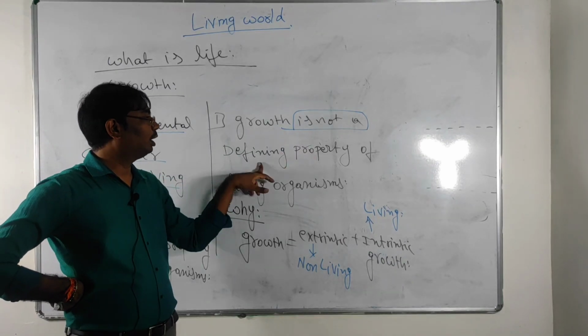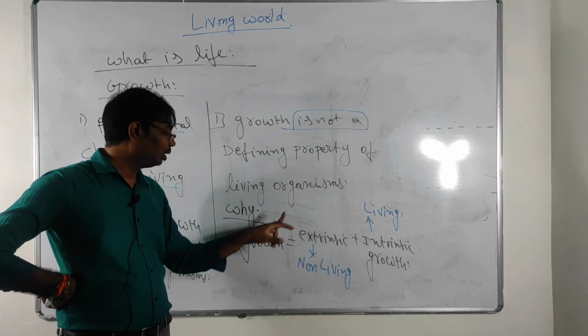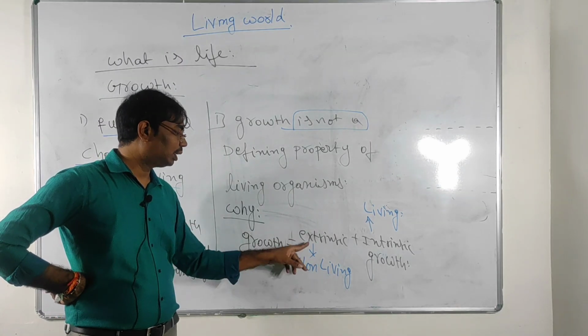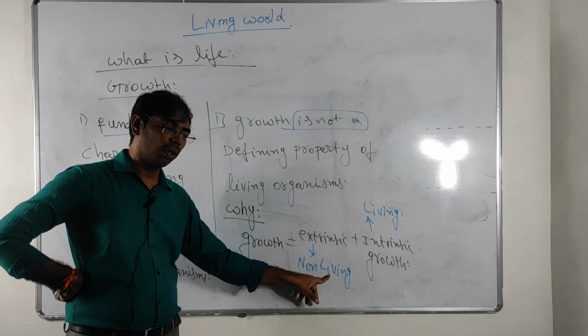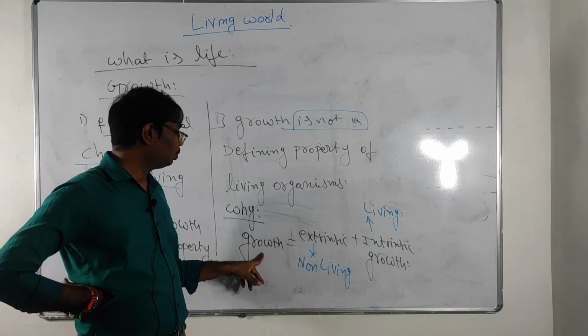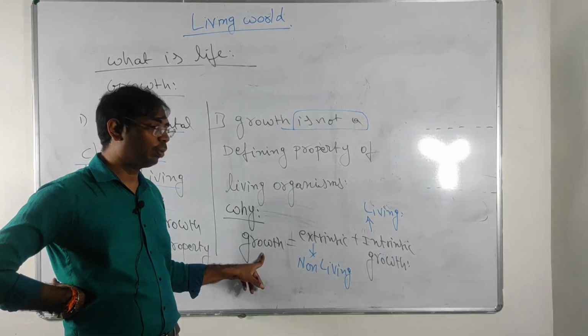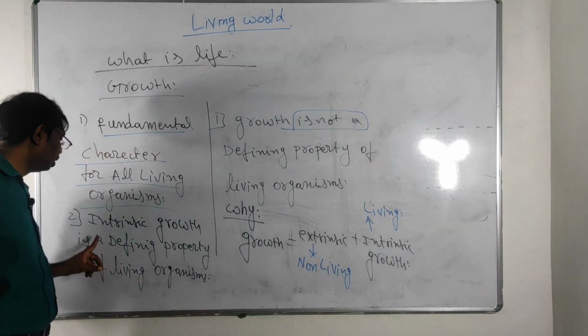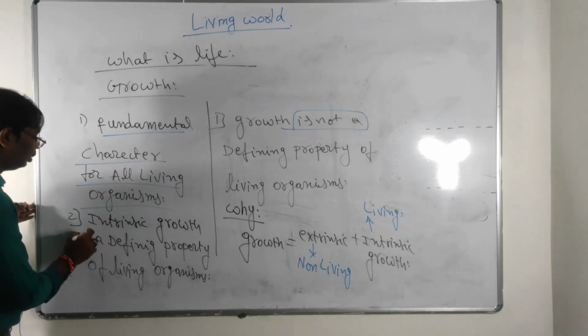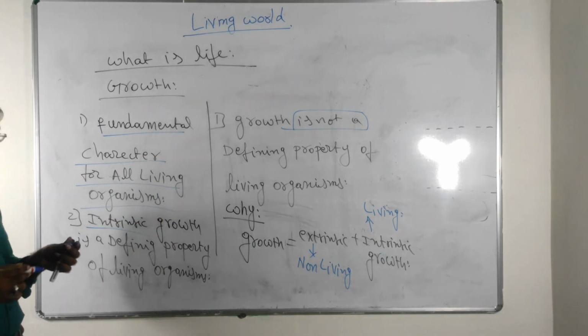Growth is not a defining property because growth means intrinsic and extrinsic growth, but extrinsic growth is present in non-living things and intrinsic growth is present in living things. Because of that, growth is not considered a defining property of living organisms, but intrinsic growth we can consider a defining property of living organisms.